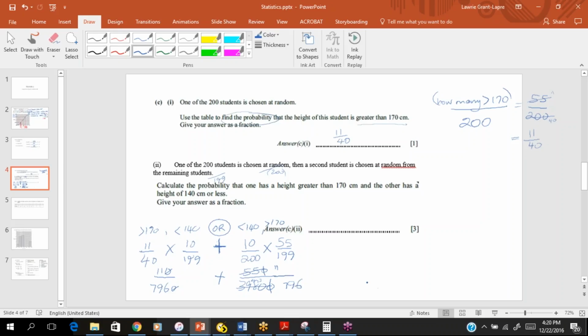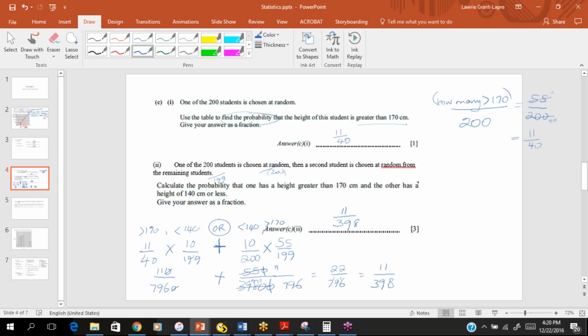So we get 11 over 796 plus 11 over 796 is 22 over 796. We halve that to get 11 over 398. So we put in 11 out of 398.